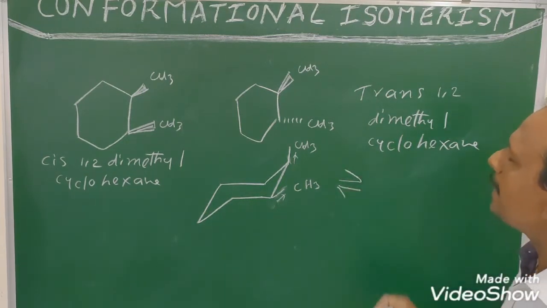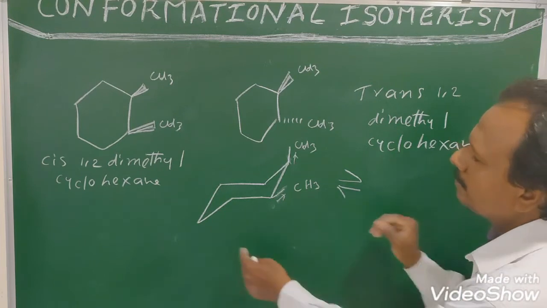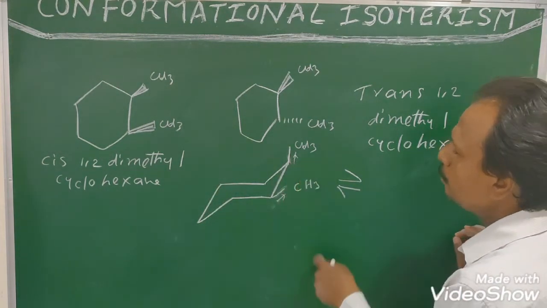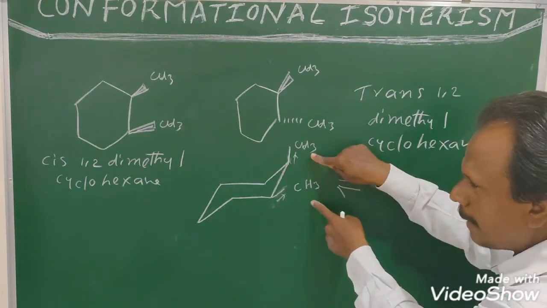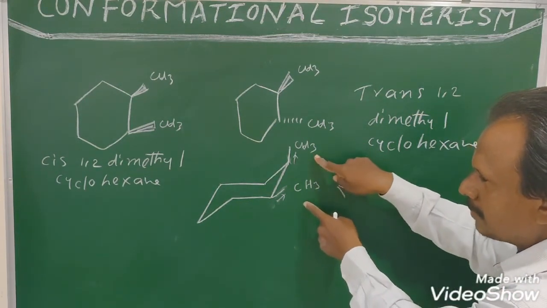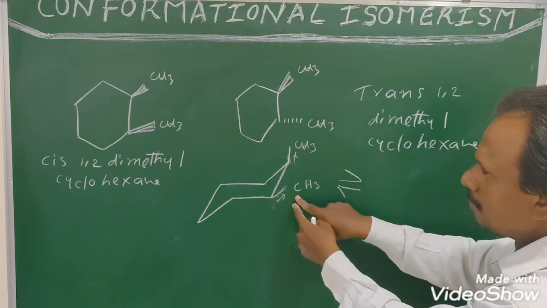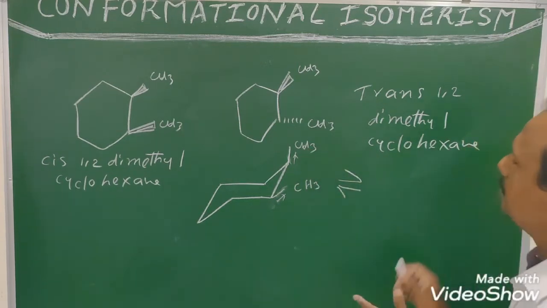Another chair is formed due to flipping. Due to flipping, what happens? Footrest becomes headrest, and headrest becomes footrest. The axial methyl is converted to equatorial, and the equatorial is converted to axial.